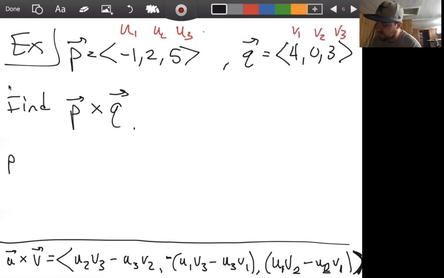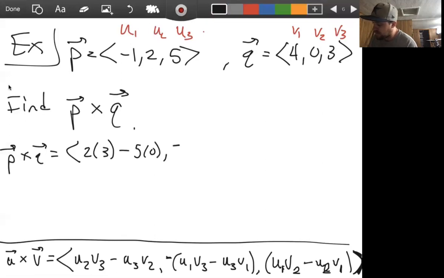So what's P cross Q? Well, it's going to be U2 V3. So it's going to be 2 times 3 minus U3 V2. So U3 is 5 and V2 is 0. Okay, that's the first component. The second component is negative U1 V3.